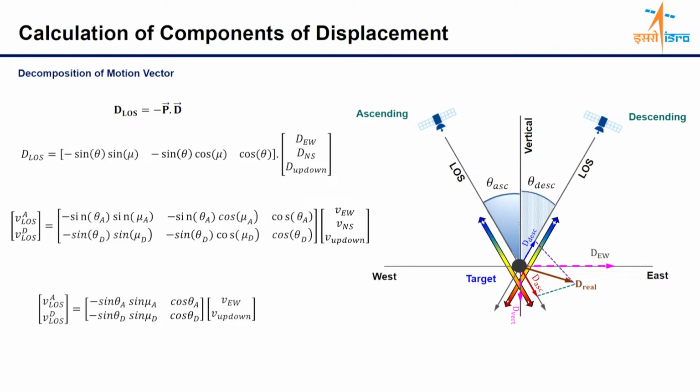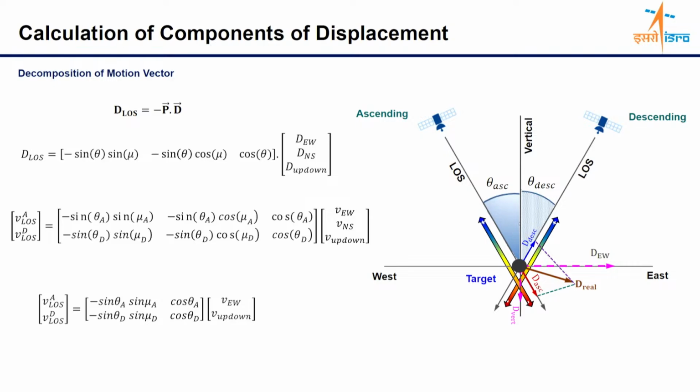Now we cannot write a third equation, because we have only one equation from the ascending path and another from the descending path. We don't have any third path. The satellite has only 2 passes, ascending and descending. No third pass is there, so no third equation can be written. So we have to assume or ignore something from these two equations.